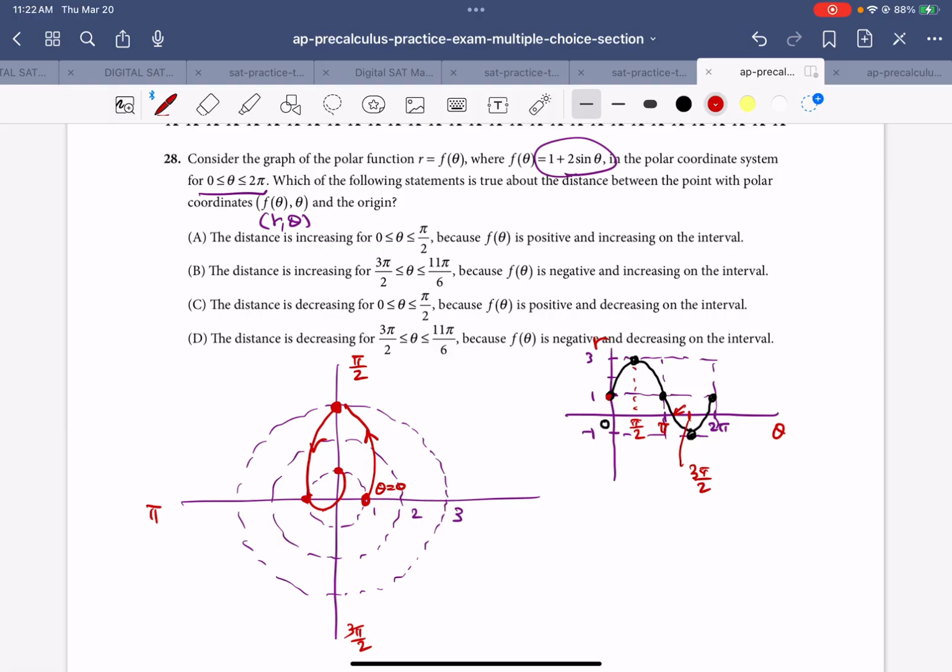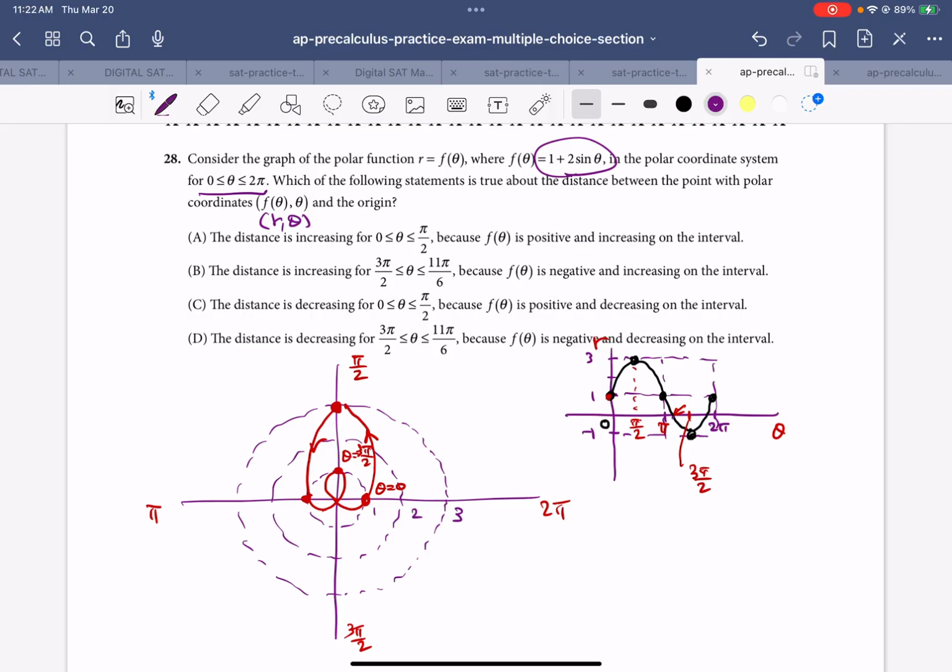That point is where your angle is 3 pi over 2. And after that, the magnitude of r is decreasing, and somehow it'll pass through 0, decreasing like that, and then when theta is 2 pi, r is 1, so it goes like that.